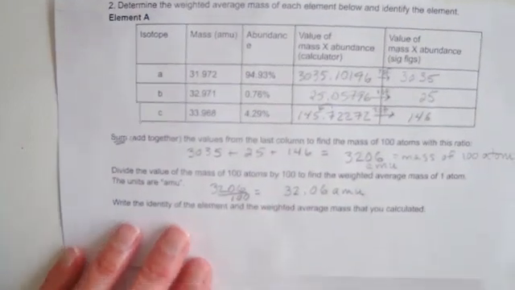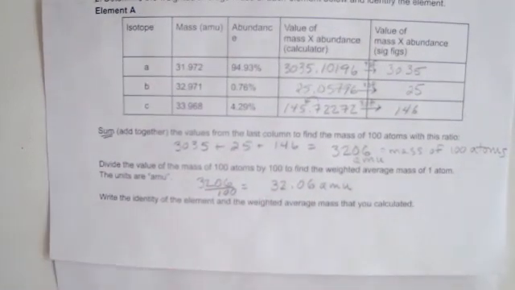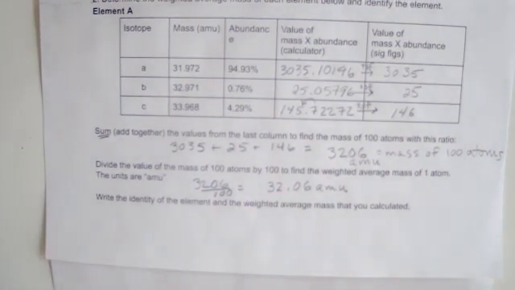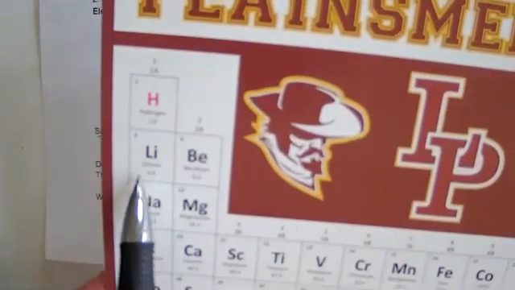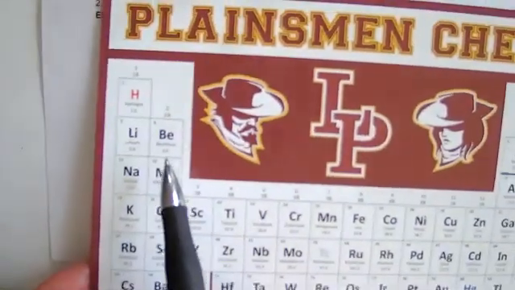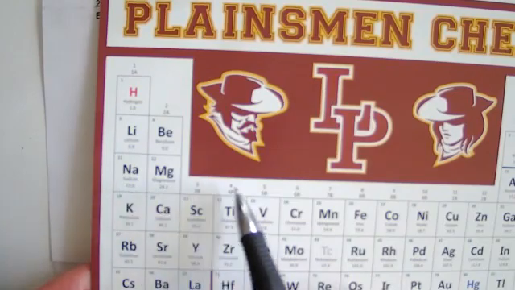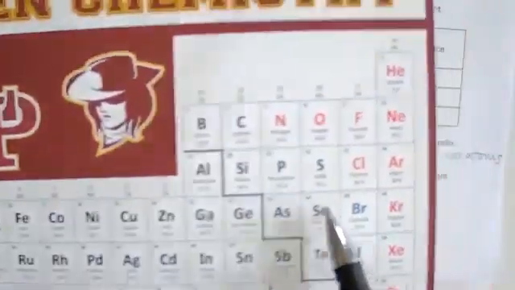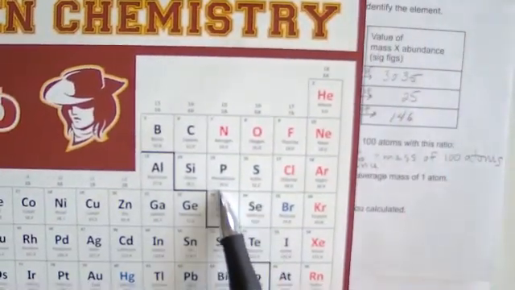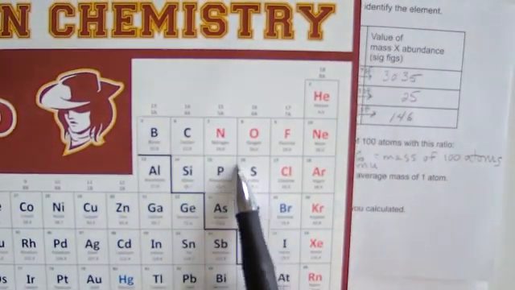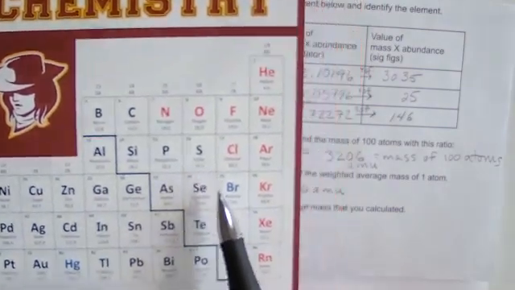Now we want to determine the identity of the element and show this value again. Okay. So in order to find the identity of the element, we want to search through the masses of all the elements on the periodic table until we get to the value that is very close to this. Okay. So here we're at phosphorus with 31.0, and here's sulfur with 32.1.